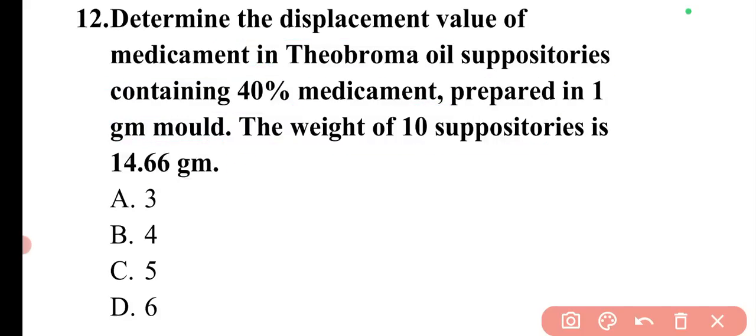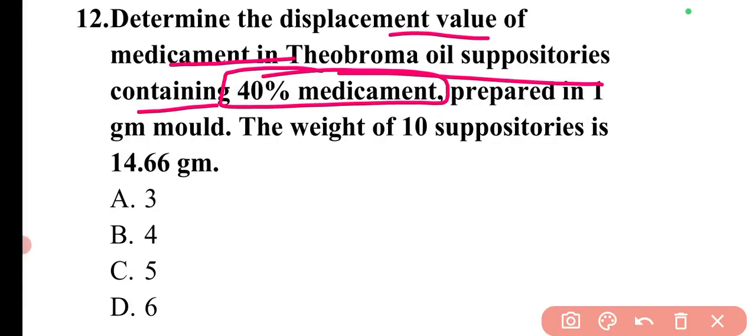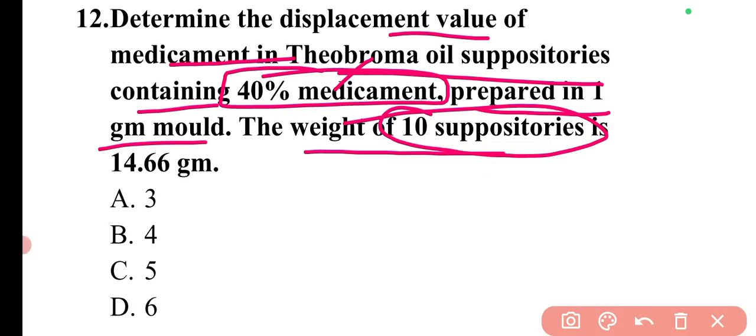Firstly we identify what values we have: 40% medicament prepared in a 1 gram mold, and the total weight of 10 suppositories is 14.66 grams.